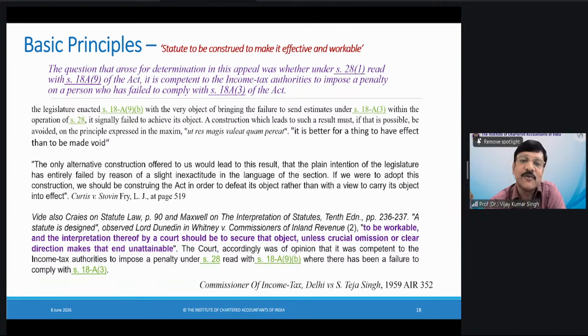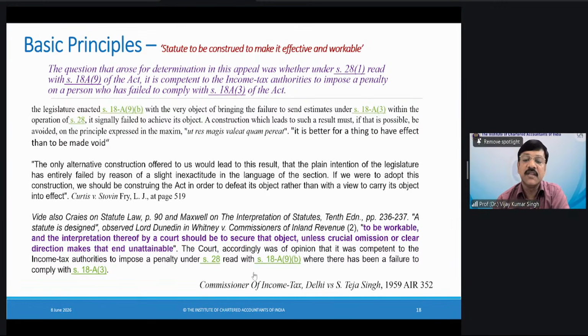This principle says the statute has to be construed to make it effective and workable rather than just destroying it. So, Craies on Statute Law also says that to be workable, the interpretation thereof by a court should be to secure that object unless crucial omission or clear direction makes the end untenable.